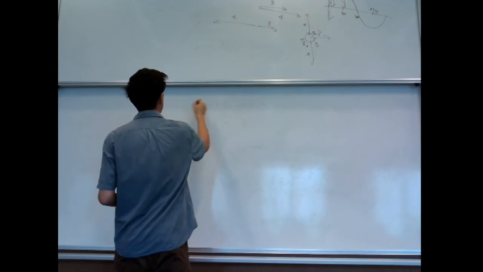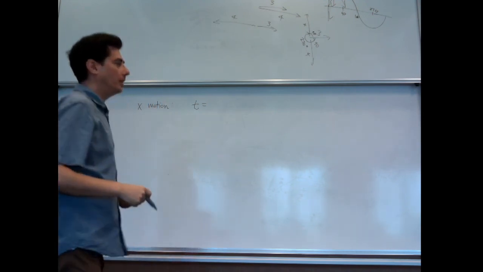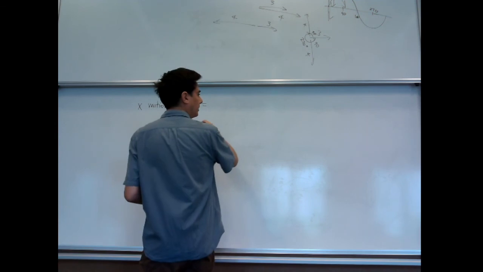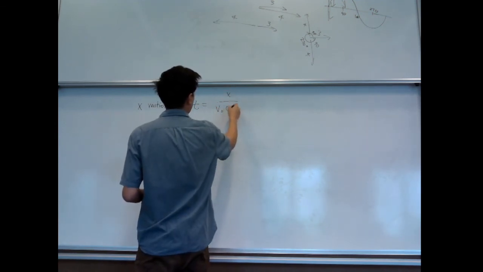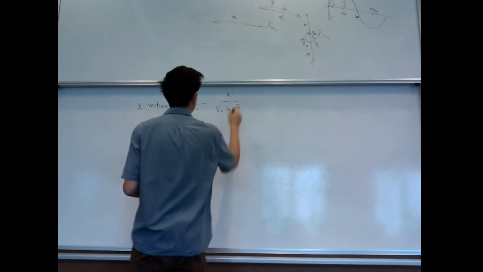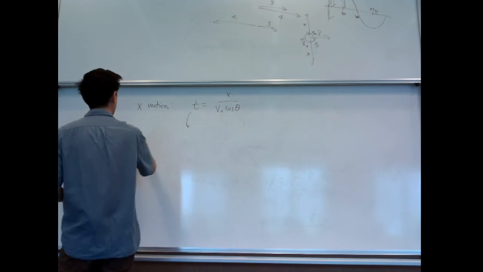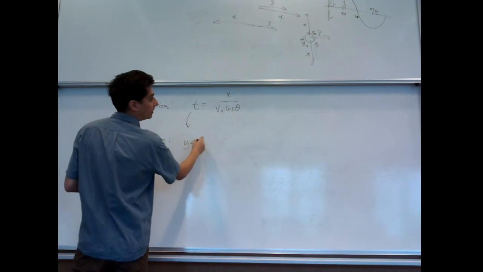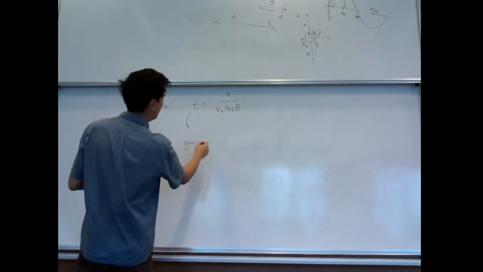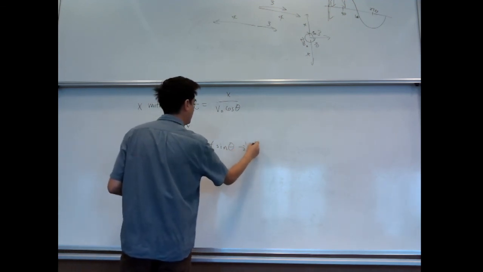From the first equation, the x motion, we can say that t is equal to x divided by v naught cosine theta, and just substitute it into the y motion equation, which is v naught sine theta t minus half g t squared.